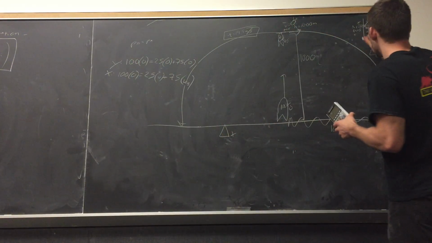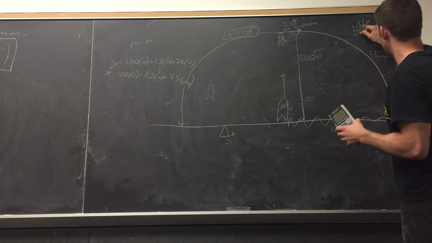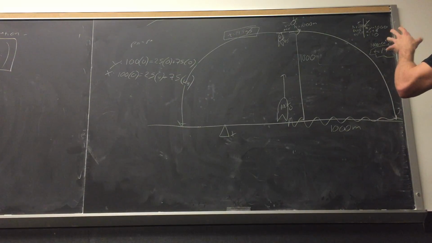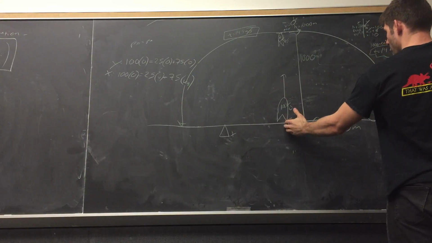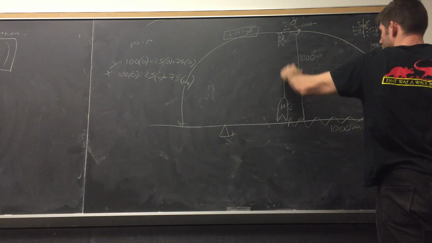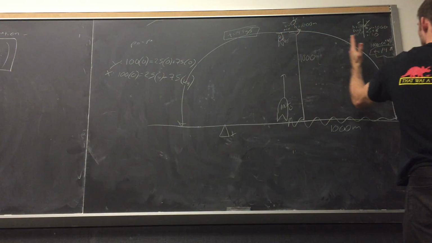So A is 0, T is equal to 14.29. So for this, I can say that it takes 14.29 seconds to basically just fall to the ground. So that's how long it must be traveling to the right.